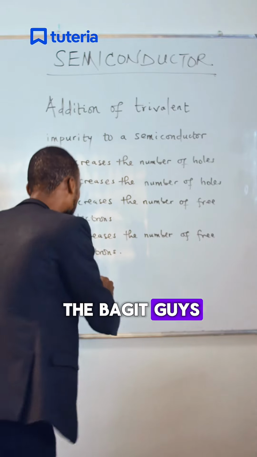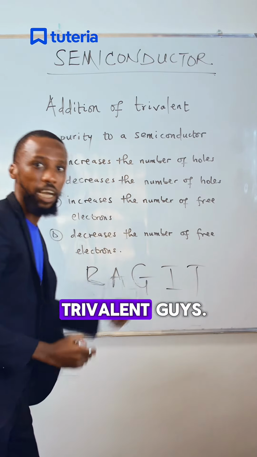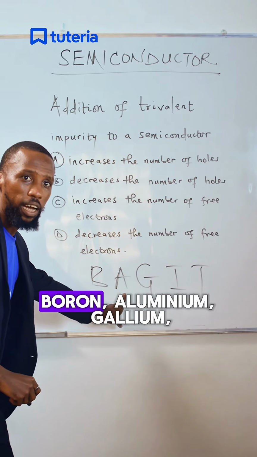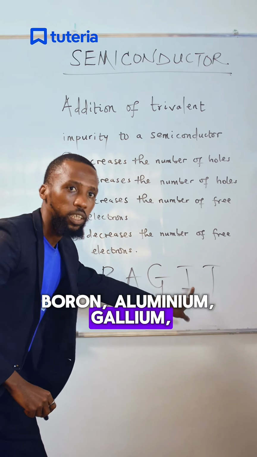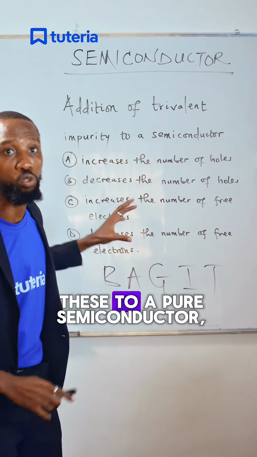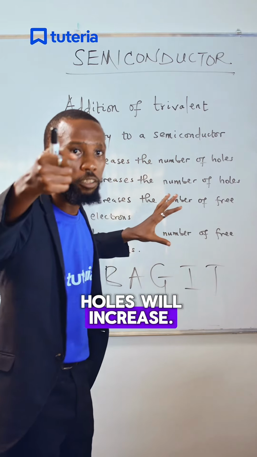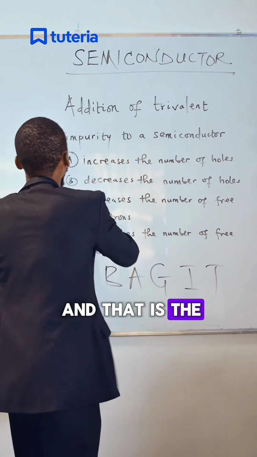The BAGIT ones. This can be a question on its own. The BAGIT ones are the trivalent ones: Boron, aluminium, gallium, indium, and thallium. If you add any of these to a pure semiconductor, what will happen is that the number of holes will increase. And that is the solution to this problem.